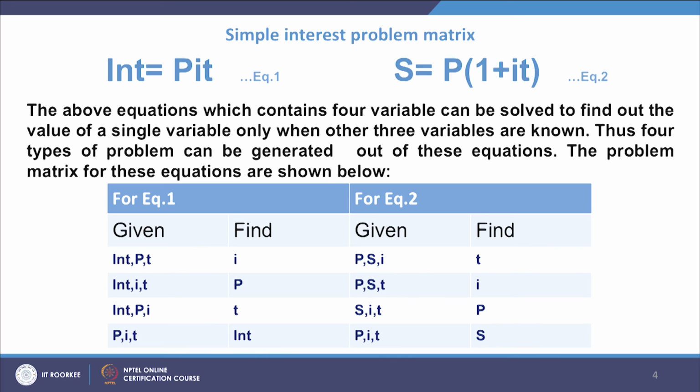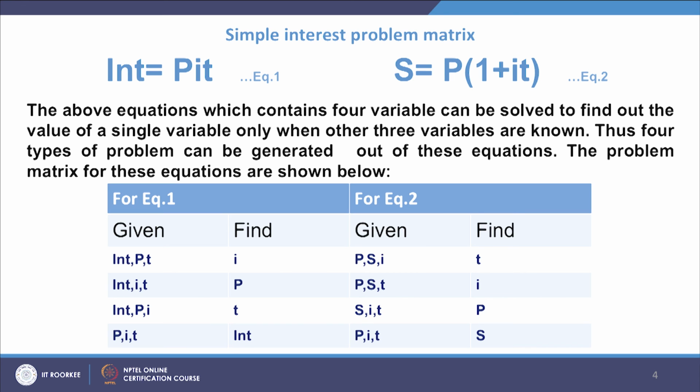Now, for equation 1, if interest, P and T are given, then I have to find out I. If interest, I and T are given, then I have to find out P, and if interest, P and I are given, I can find out T, and if P, I, T are given, I can find out interest INT. So, this is for equation number 1.